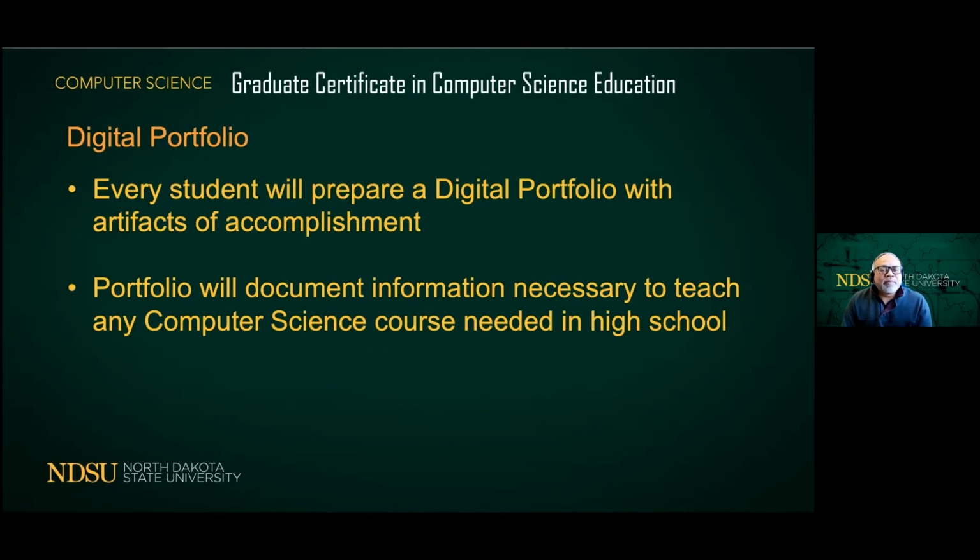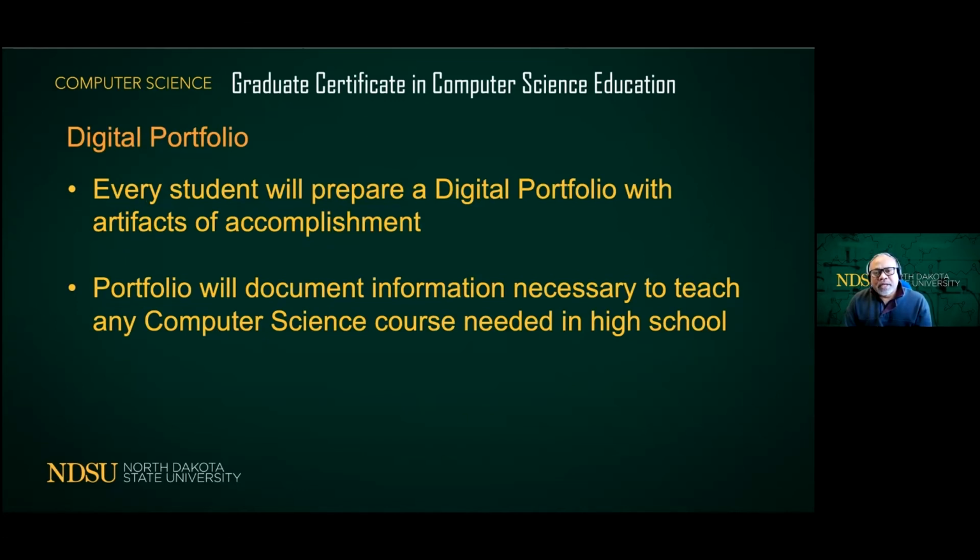And then apart from the required 18 credits in the program, students would also be required to work on a digital portfolio. So basically, they'll be preparing a digital portfolio with artifacts of accomplishment. In this digital portfolio, the students would put together all the necessary material that they would have to create in order to teach one of the courses that we offer as part of our program in their schools.